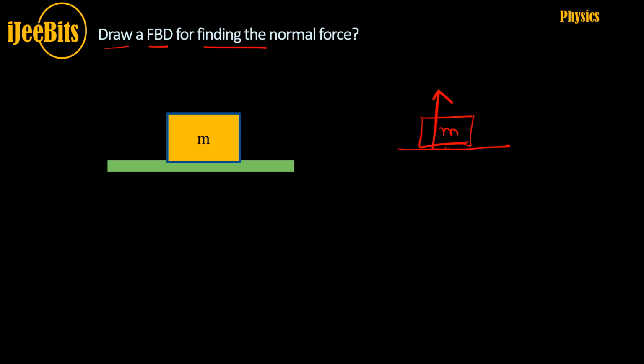That's why we say this is Fn. We know the weight is mg, with acceleration due to gravity. Fg, the force due to gravity, is mg, in the downward direction. So in this case Fn equals mg. Clear?